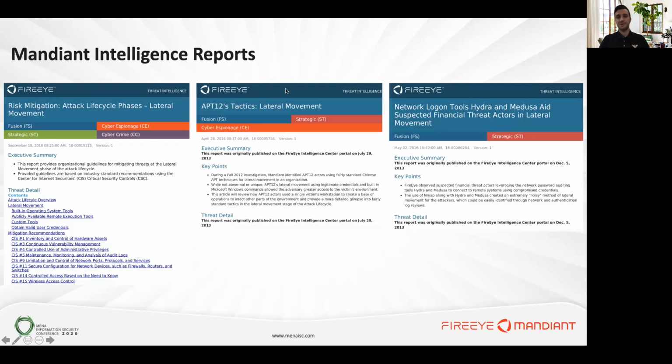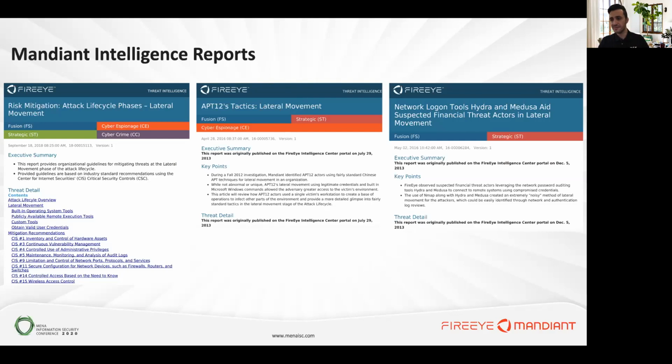The middle report is around, for example, how APT-12 actors used a single victim workstation to create a base of operations to affect a third party in the environment. These kinds of reports will provide more details on the tactics and the techniques that are being used during this stage of the attack.